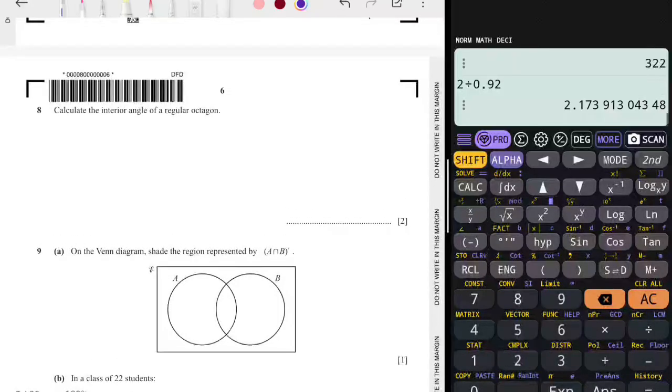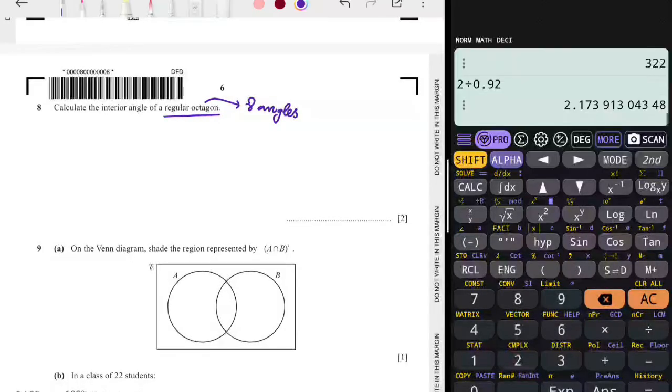Calculate the interior angle of a regular octagon. Octagon means a shape having 8 angles and 8 sides.